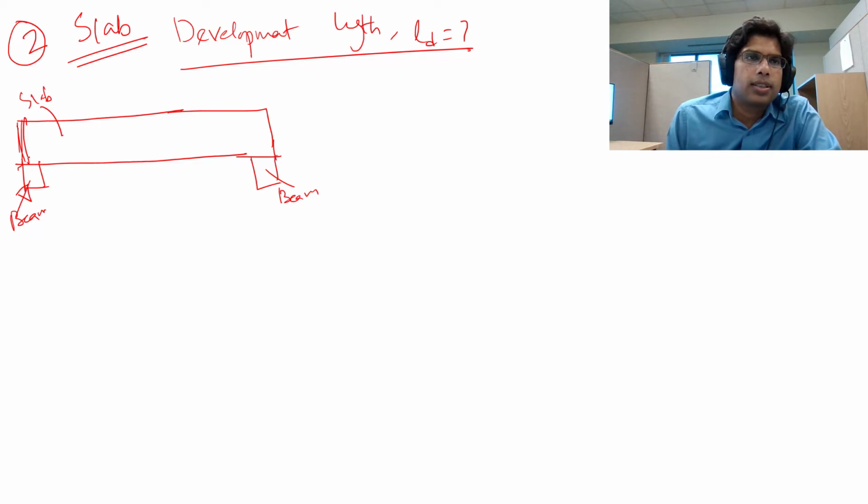Similarly, there's a bottom bar, and of course there's a load, right? So the load is WF, and what else is given?